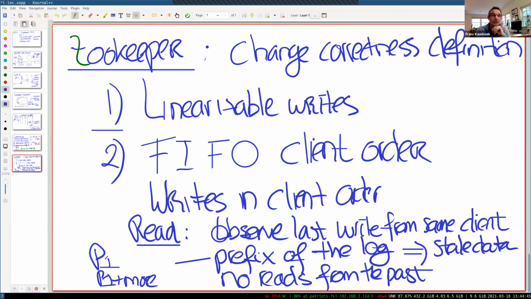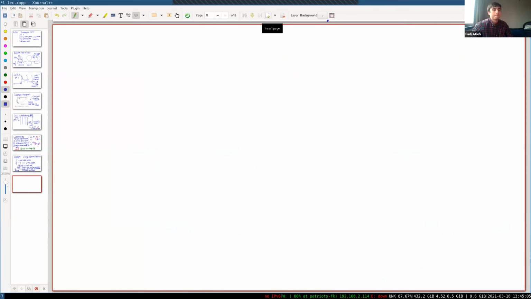Hold that thought for a second, because the way they define linearizable writes is that the writes are a total order, but there is a relationship between the reads and the writes. So hold that thought, okay? We'll get to that in a minute, like in one board. I want to make one board in between, okay? Sounds good.